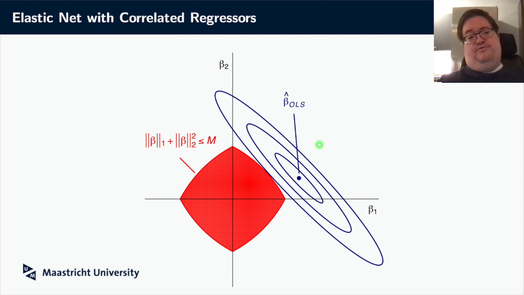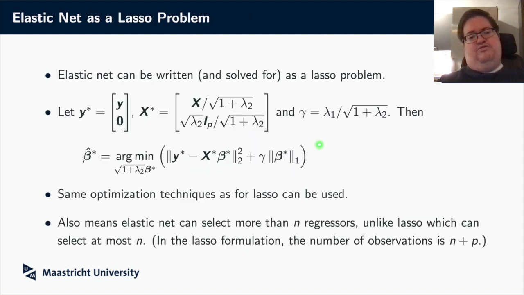So this is a very nice feature of the elastic net. And another nice feature is that we can treat it as if it were a Lasso problem. That means we can use the same optimization techniques as for the Lasso.